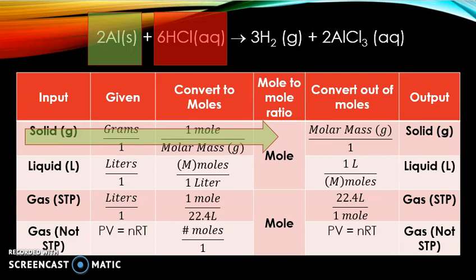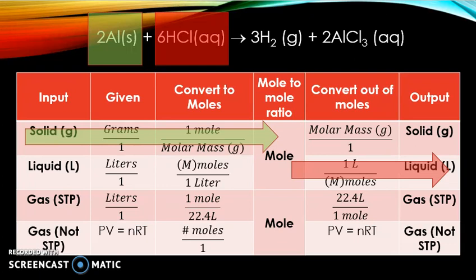Once I'm there, now I'm in chemical number 2. Chemical number 2 is HCl. It's aqueous, meaning it's a liquid. So I'm going to use this second pathway forward to get back to that chosen unit, usually liters for a liquid, and I would need a molarity of some sort to be able to finish my problem.